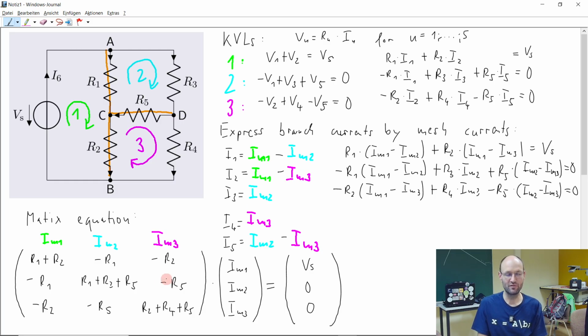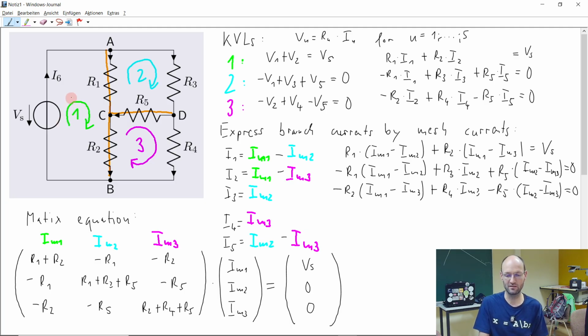Usually, if you remember nodal voltage analysis last week, they were always negative. Here, it's kind of a coincidence that they are all negative, and they are all negative because our mesh directions all point in the same direction, or they are all clockwise.